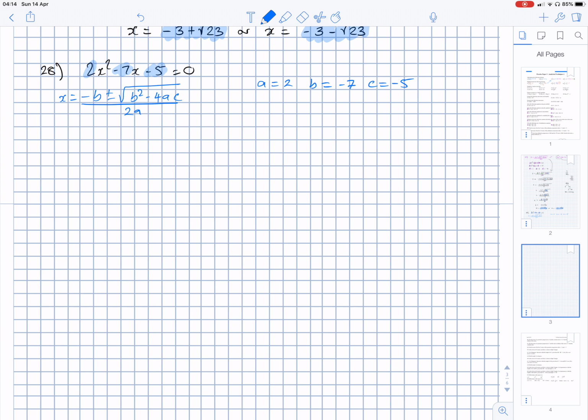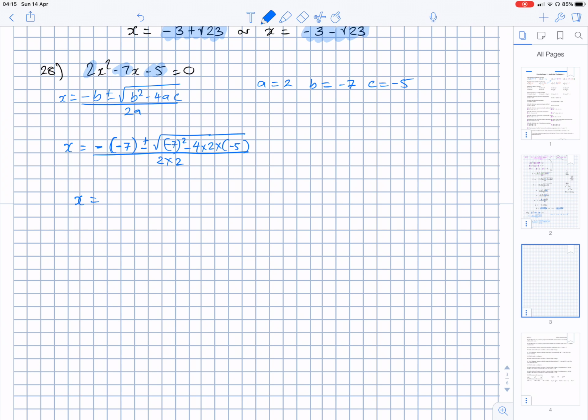And you come down here and put minus b, but b is minus 7. So you got two minuses. That's going to convert to a positive. Plus or minus square root of minus 7, bracket squared, minus 4 times a is 2 times c is minus 5, divided by 2 times 2.